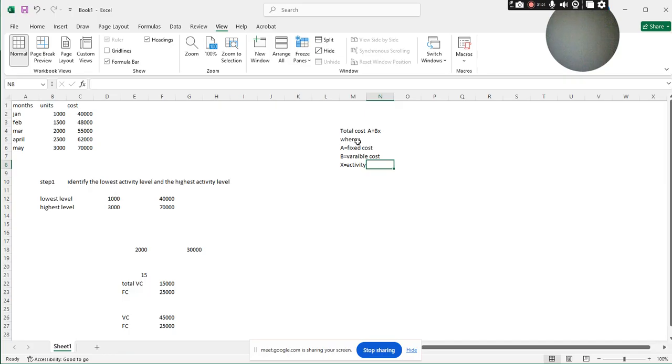So our total cost is A plus BX. Now, how do we calculate our A? How do we calculate our B? They all have their own formula.